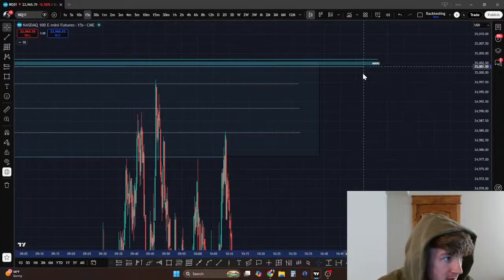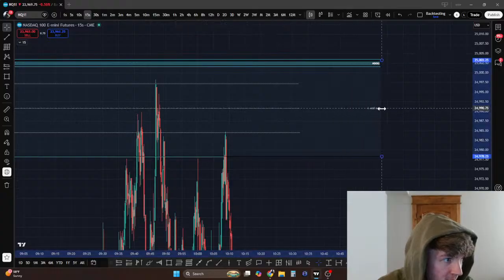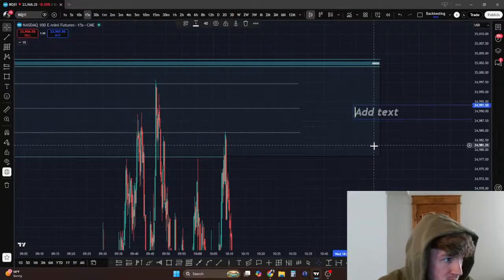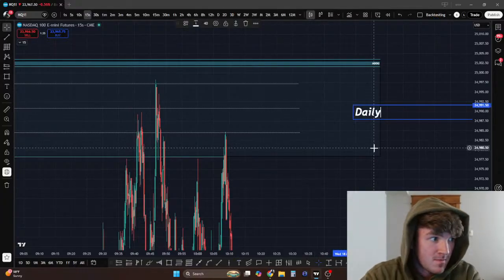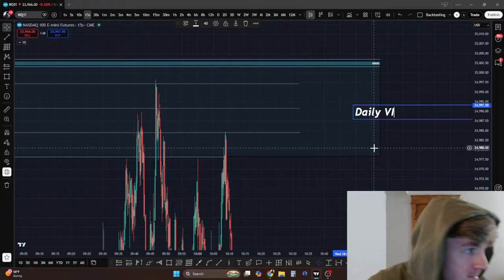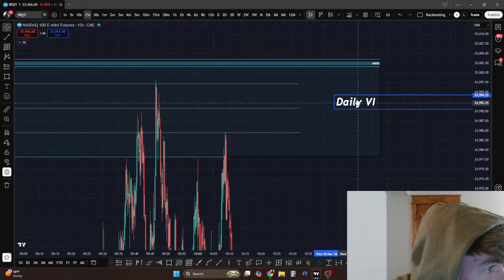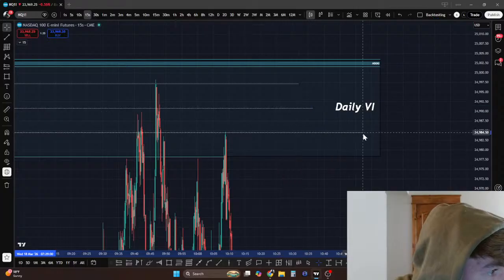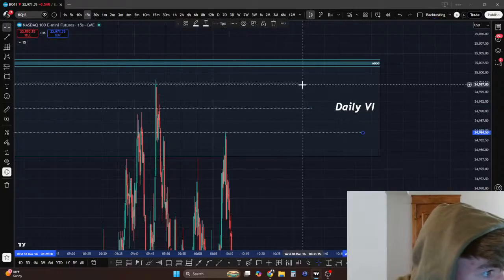So, there's the end dog. Here's the daily volume balance. Here's the midpoint. Here's the 0.25. Here's the 0.75.